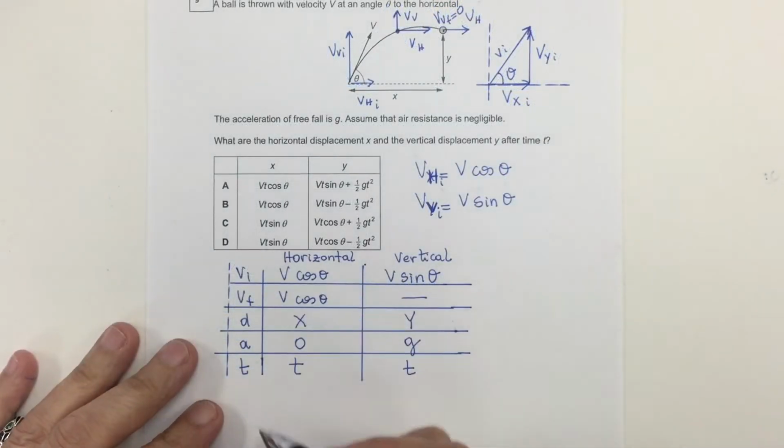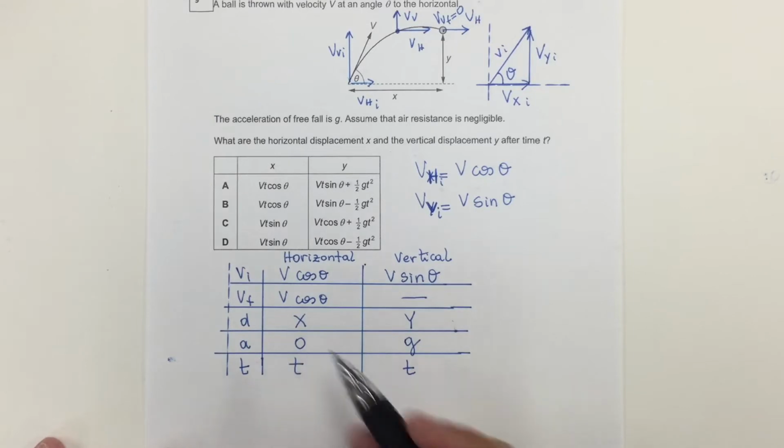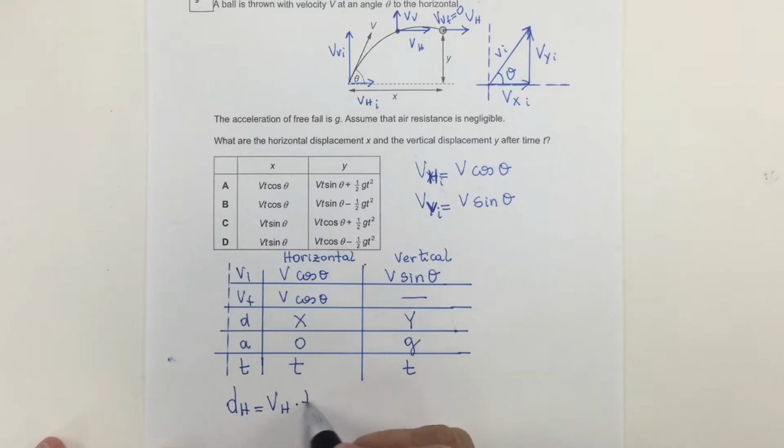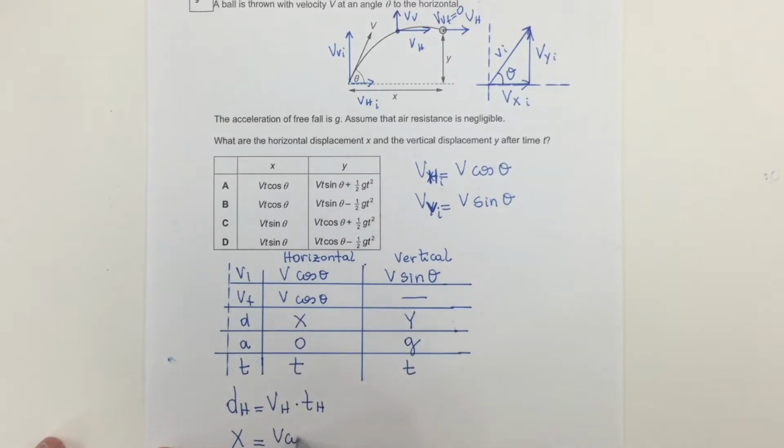Horizontally, because the acceleration is 0, the only formula that I can use is dh equals vh times th. So my dh here is x, my vh is v cosine of theta, and my time is t.